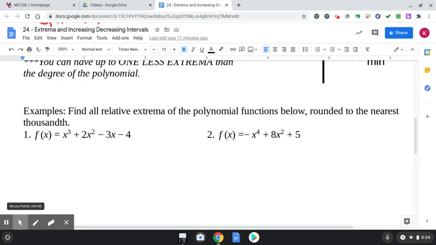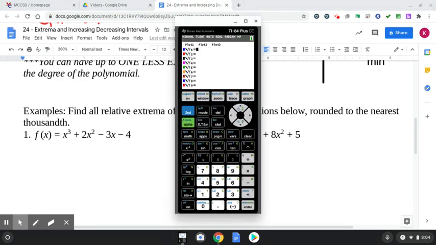So I go into my calculator, and I'm going to type in x to the third plus 2x squared minus 3x minus 4. And I press graph. So this is what this function looks like.